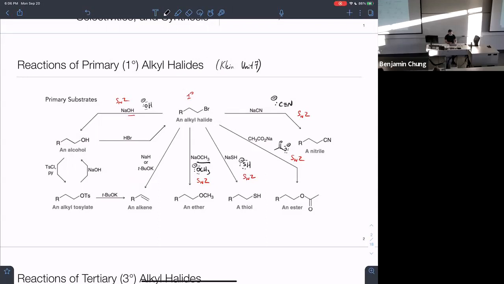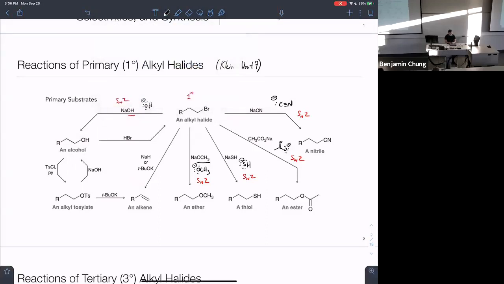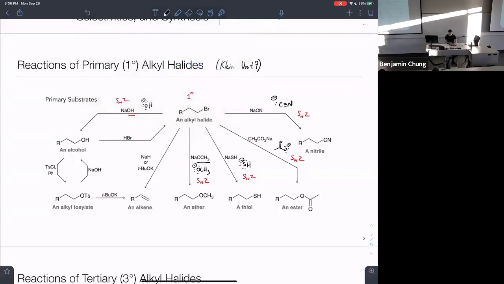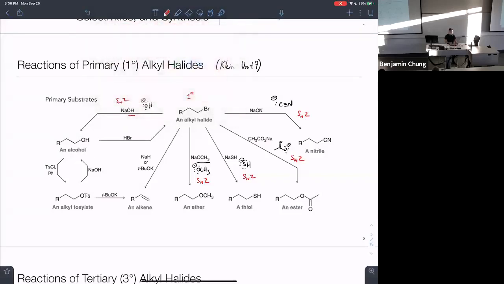But when we generate the alcohol, the product from the nucleophilic substitution, we can also turn it back to the alkyl halide by reacting it with HBr. Do you guys know what reaction that is? In the presence of HBr, HBr is a strong acid, right?